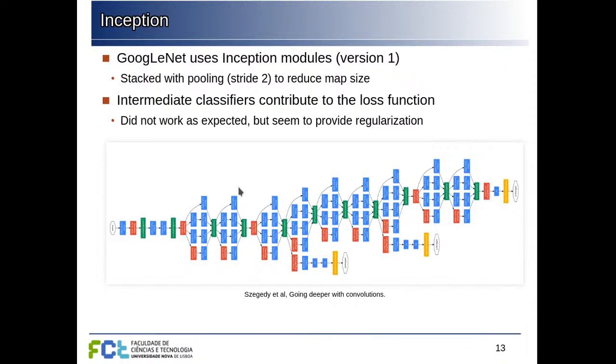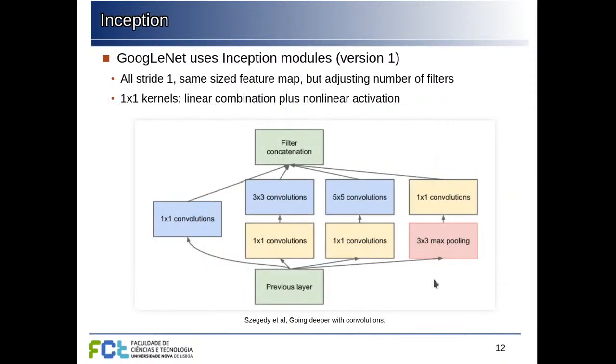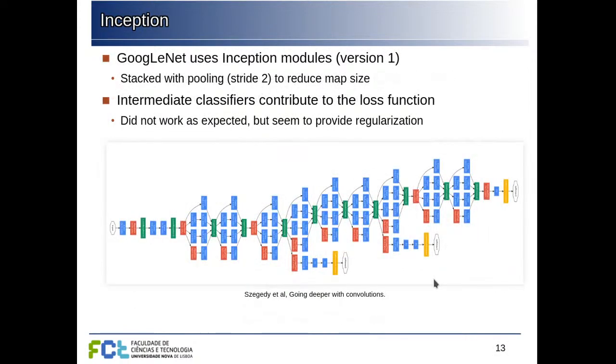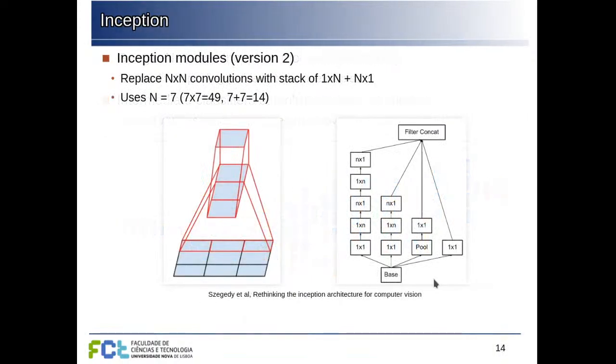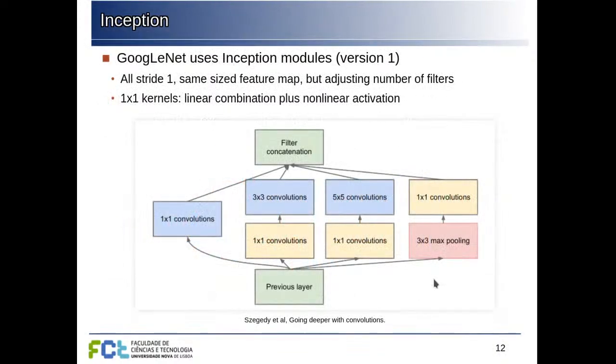But this is a feature of this architecture that I think is no longer used in more recent ones. So the inception block was one idea of trying to combine different channels in parallel. These intermediate classifiers do not seem to be very useful. But then, this was the first version of the inception block.